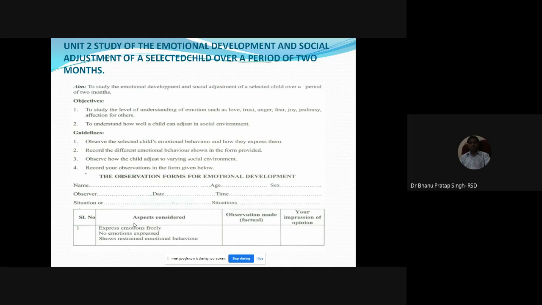So you write no emotions there, and also your opinion that at that time the child may be worried, or may have some mental trauma, or other states like he or she is not happy.